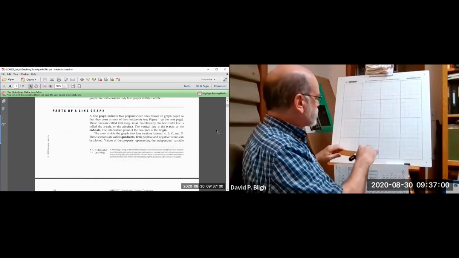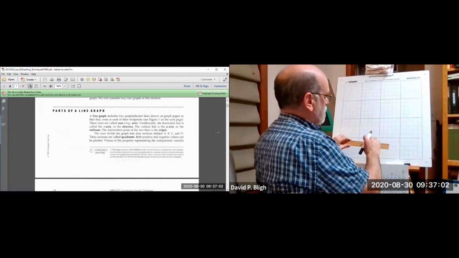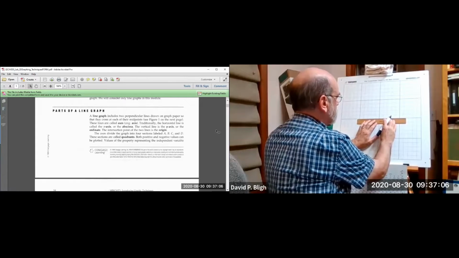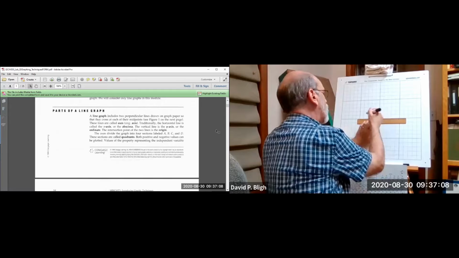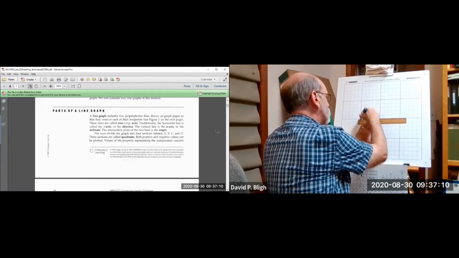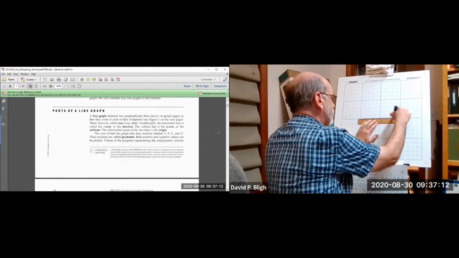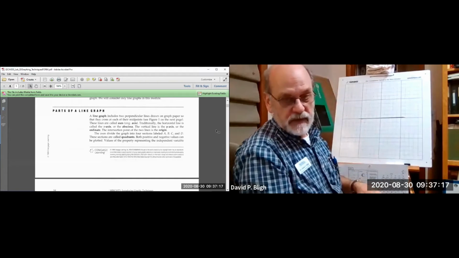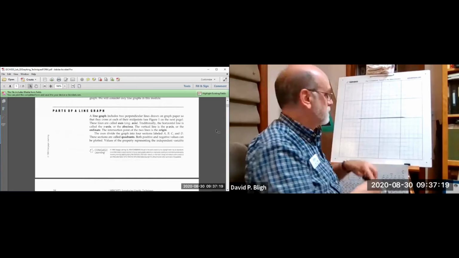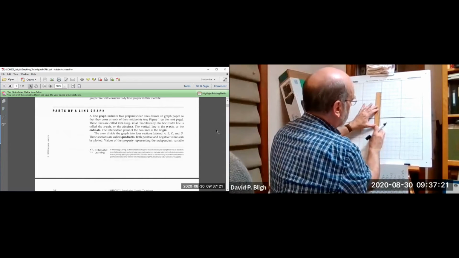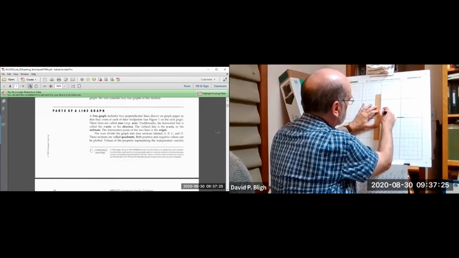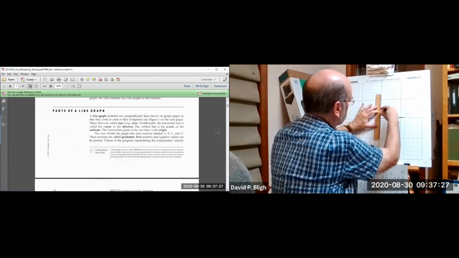So our Cartesian system, here would be a horizontal line. The x-axis, or the abscissa. And then the y-axis, like that.